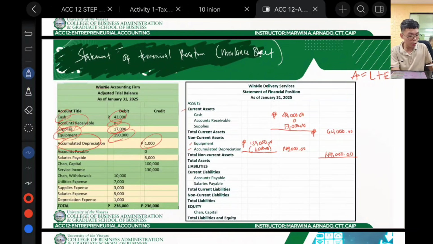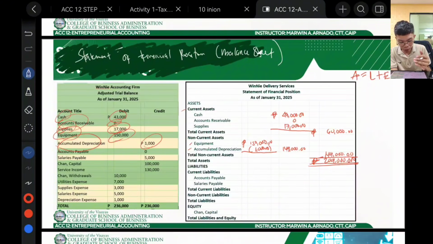Adding them together, 60 plus 149, that would give us 209,000 pesos. Since this is our final balance for our assets, we put a peso sign and a double rule. The next that we have is liabilities. For our liabilities, just like the assets, we will start with current liabilities and then non-current liabilities.